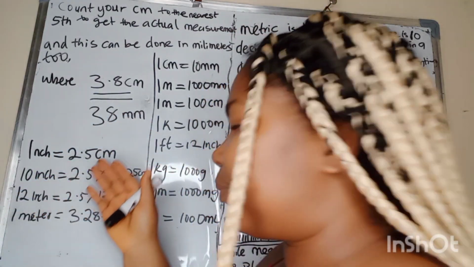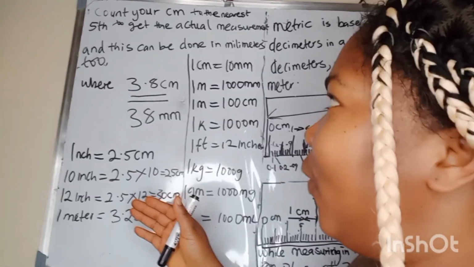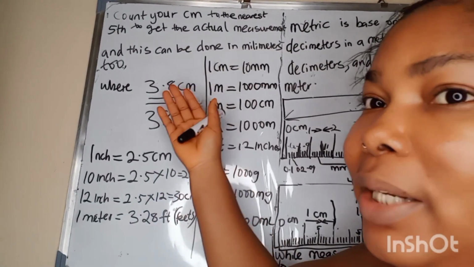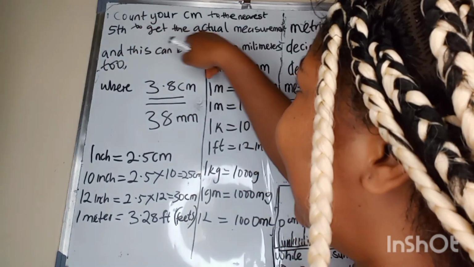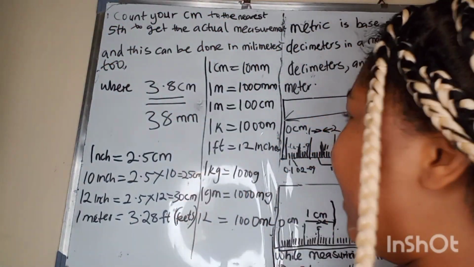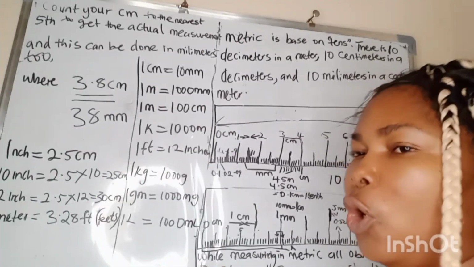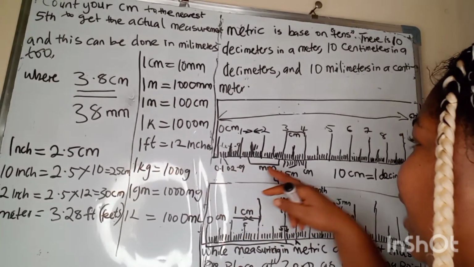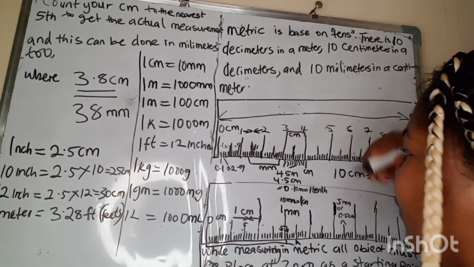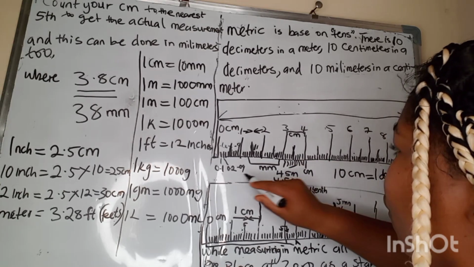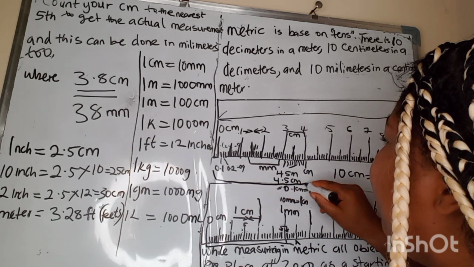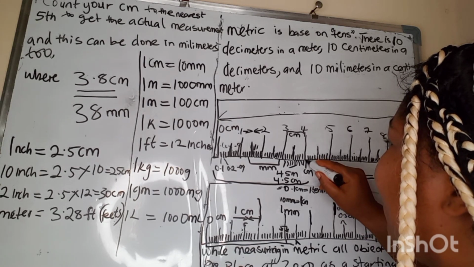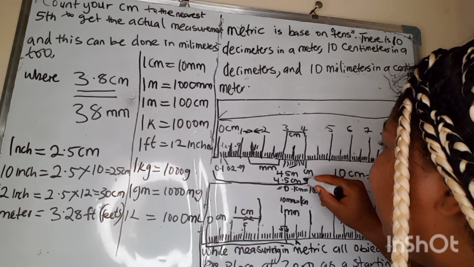Now going to the side of the board, all right, I specifically wrote this out. I said count your centimeter to the nearest fifth to get the actual measurement. That means if you placed your object at 0.0 and you measured, and at the end of the day your measurement could not go all the way from this point here to the actual centimeter, which is supposed to be at this point, right?